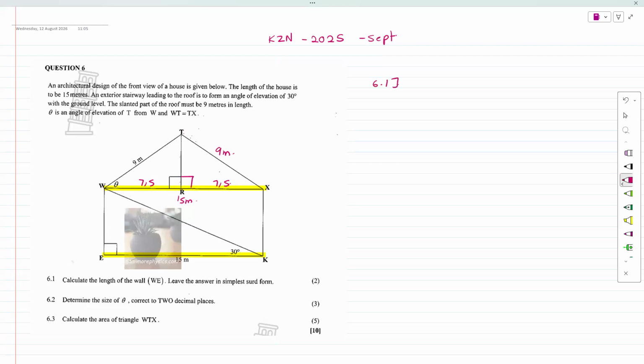6.1 says calculate the length of WE and leave your answer in surd form. I'll draw a separate triangle because it's easier to deal with, and I will put the angle 30. I will put W, E, and K. I would also try and label as much as I can.